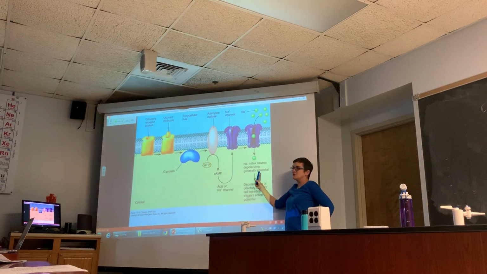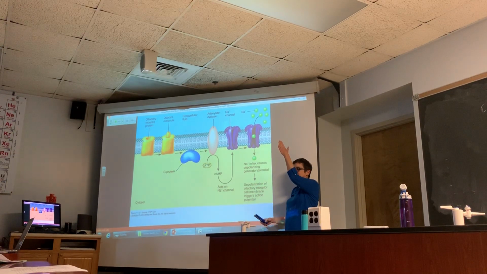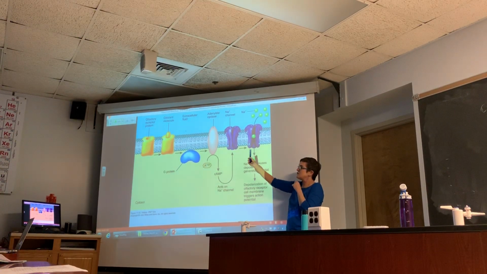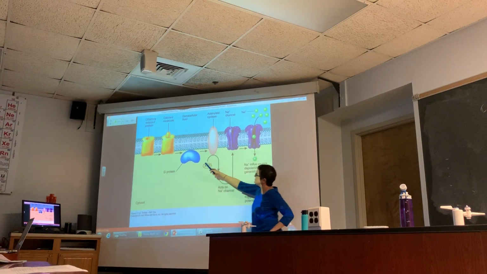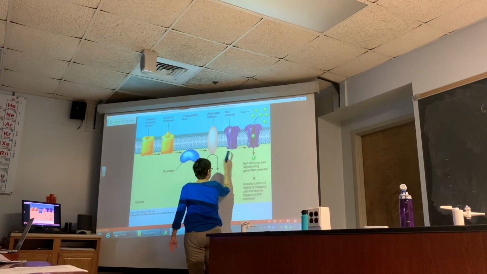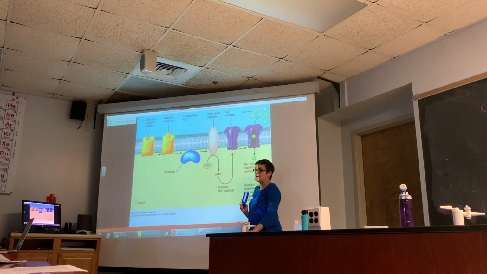The generator potential travels up the dendrite to the axon hillock, where it then generates an action potential. This is what transduction is right here, the transduction of a stimulus into a generator potential. That's what the word transduction is referring to, this process, in this case anyway.